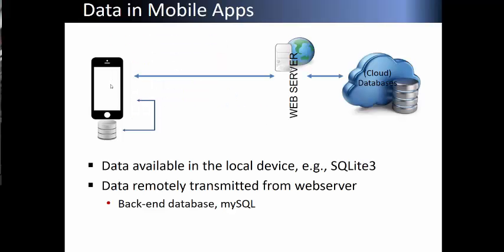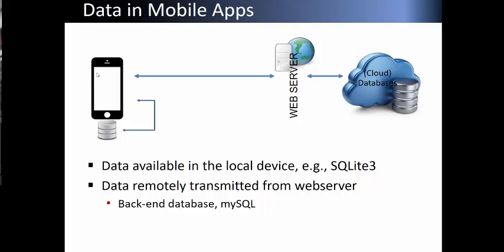Here's your mobile device. A mobile device has a small database, and your mobile device runs on the Linux operating system. It communicates with the remote database, which may be in cloud systems. Usually it sends and brings data through web servers.